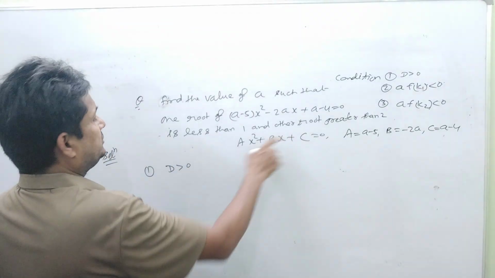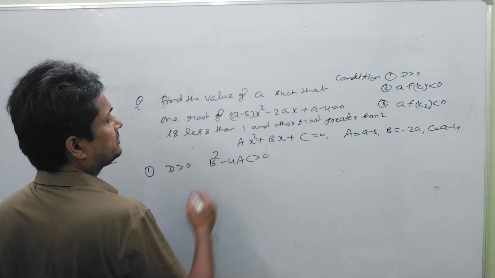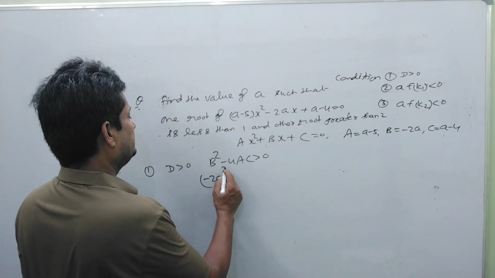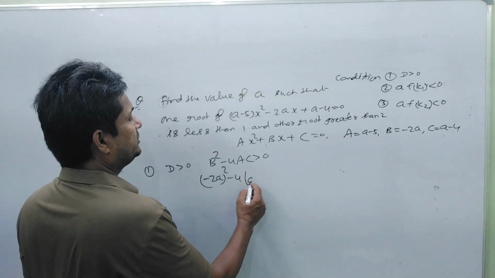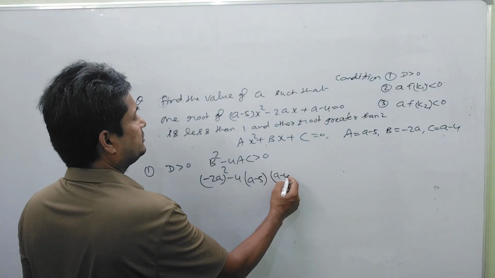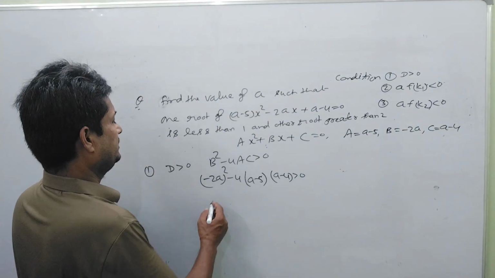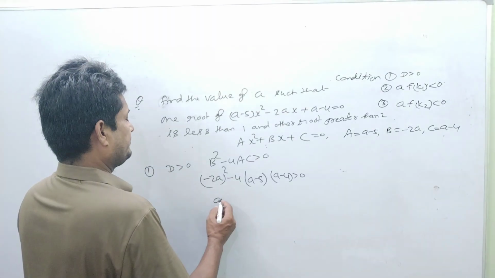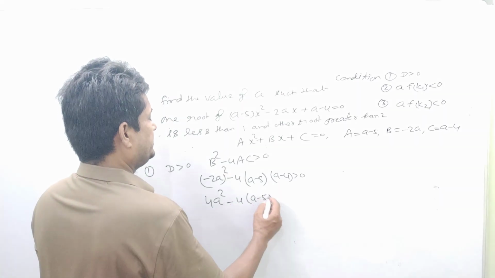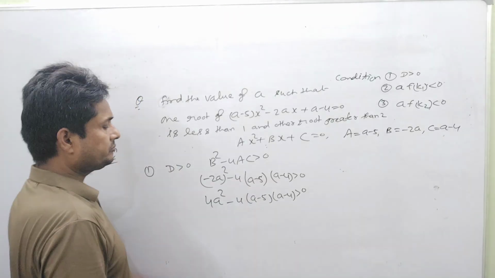So D is how much? B square minus 4AC must be greater than 0. B is minus 2a whole square, minus 4 times A, which is a minus 5, into C, which is a minus 4, greater than 0. Simplify this one: 4a square minus 4 times (a minus 5)(a minus 4) greater than 0.